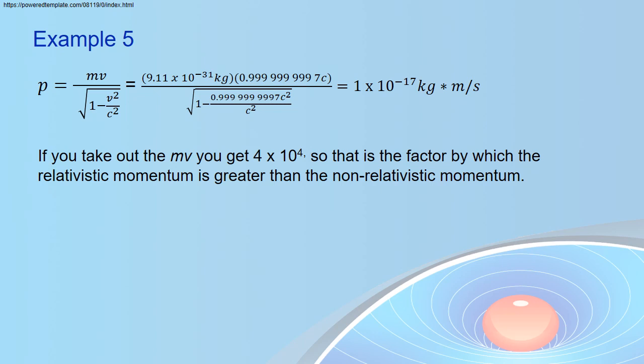So because of relativity and the fact that that electron is going so fast, its momentum is 40,000 times more than it would be if it were going at about the same speed as me. Thankfully, it has a small mass, so the overall momentum is not that great. So space-time speed affects momentum.